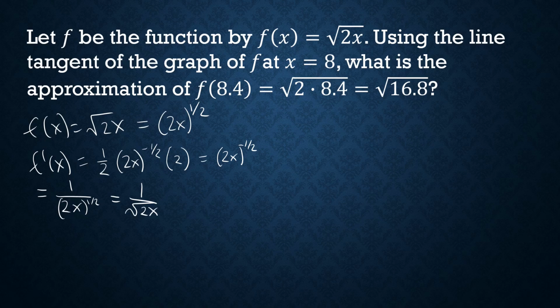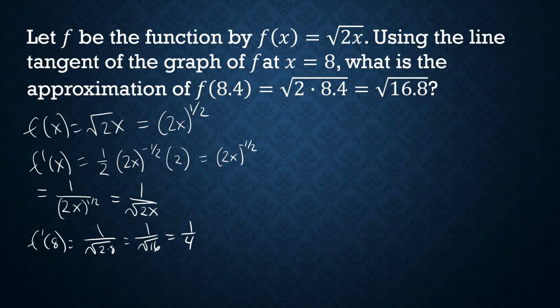That's going to be our derivative. We want the tangent at x equals 8, so I'm going to plug in 8 for x. It's going to be 1 over the square root of 2 times 8, or 1 over the square root of 16. It's going to be 1 over 4. Square root of 16 is 4. Alright, so the slope of our tangent line is 1/4.